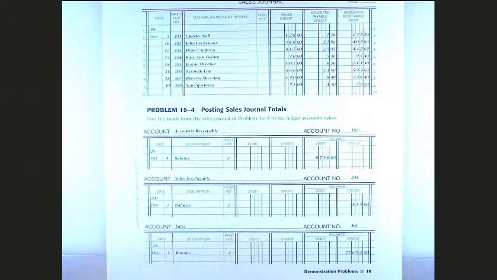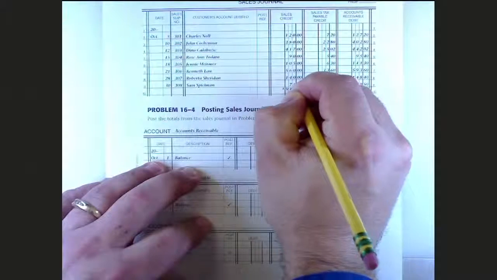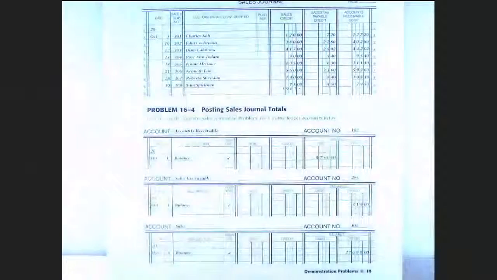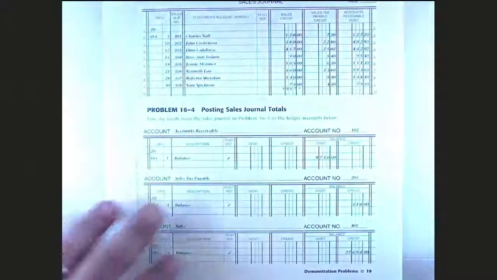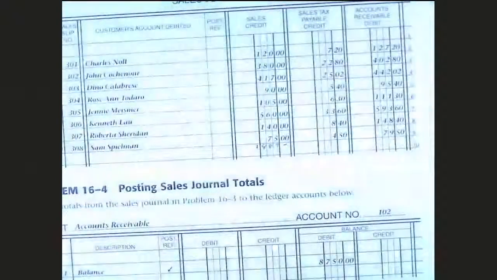So when we foot, we're going to put in real small numbers, kind of at the top there. I'll zoom this in for you. Those totals, because we think they're right, but we're not sure.